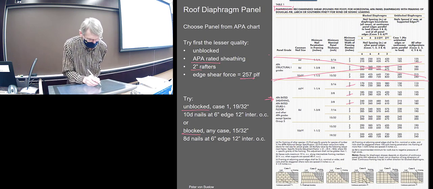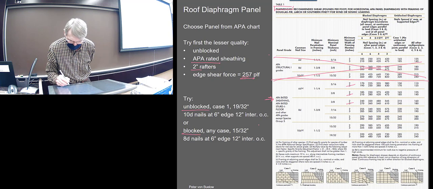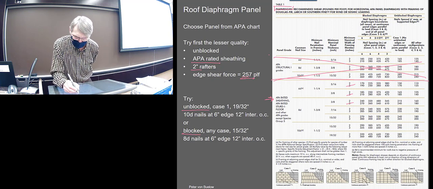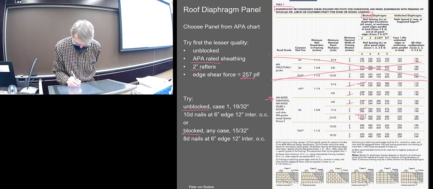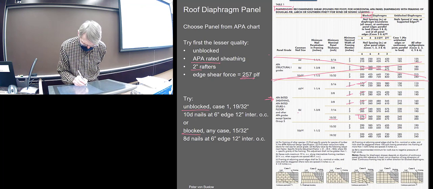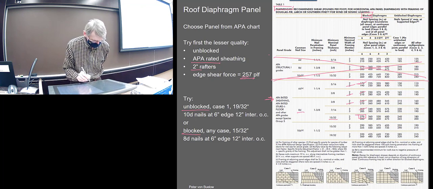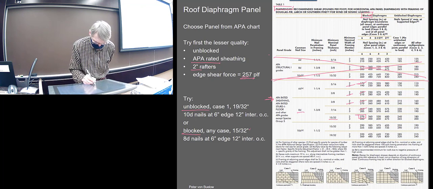And we've got to find 257. So if I'm considering it blocked, 257 would be almost that one. So there's my 15/32 8-penny nails.